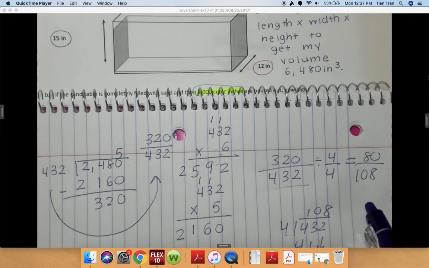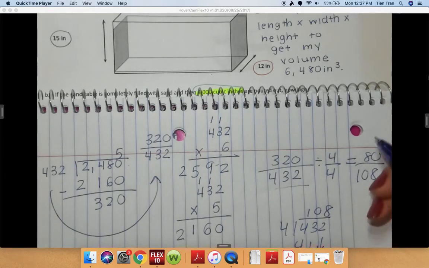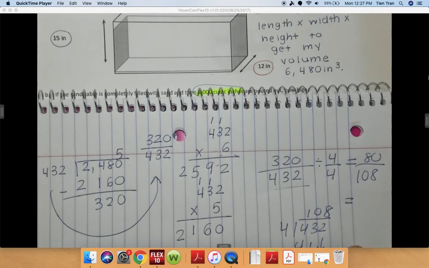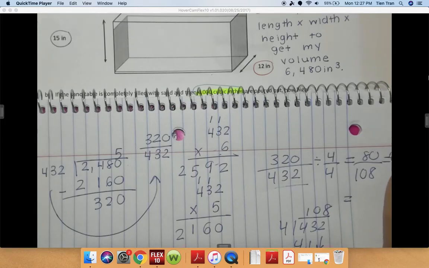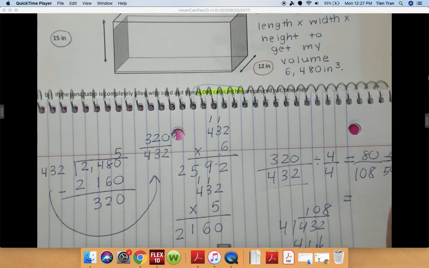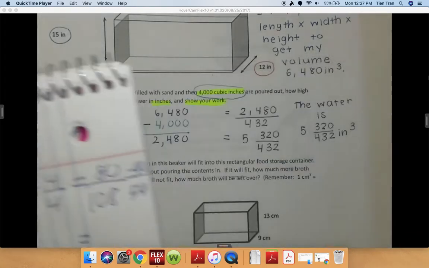So with 80 and 108, I know I can divide both of those by 2. So 40 over 54. Ooh, and I can just keep going.